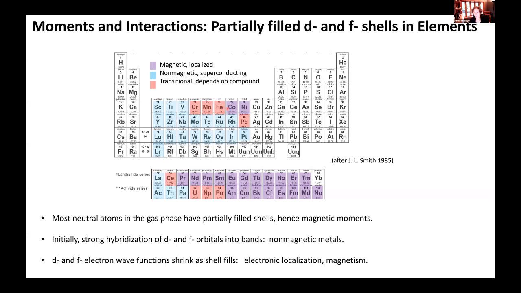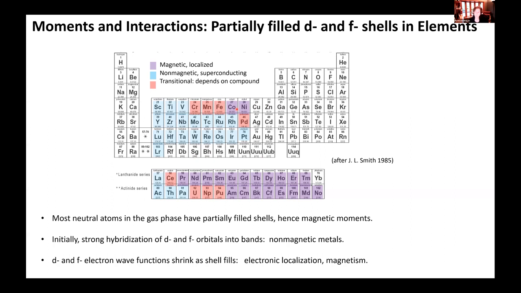On the other hand, if we go to the right-hand side of the row, this is the consequence of a progressive shrinking of the d and f electron wave functions that localize them, and they can bear a magnetic moment. And so the further to the right that you go on the row, to first order, you can say the stronger that the magnetism is.